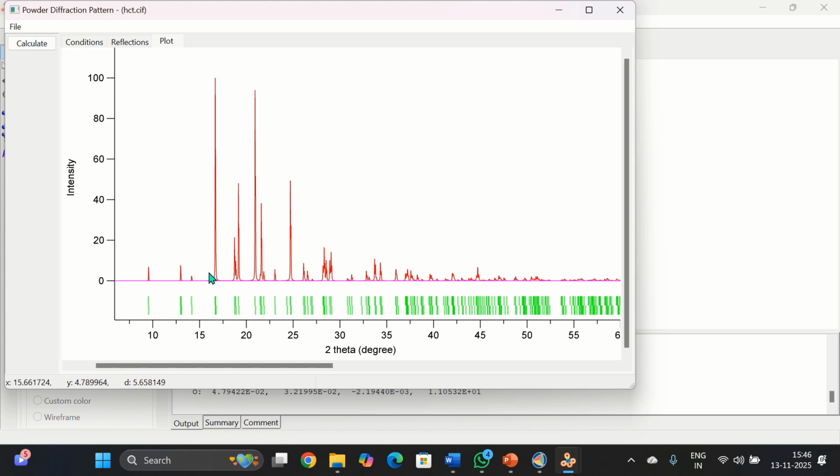And if any one peak is missing or any extra peak is appearing, we can comment on the phase purity of the compound, whether the compound we have synthesized is pure or not, and how much it corresponds to the required structure.